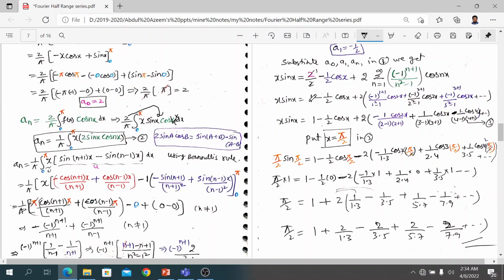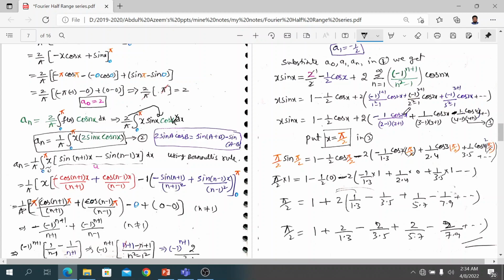So 2 by 2 cancels, 1 minus 1 by 2 cos x, these two outside as it is. Now the expansion: minus 1 power of 1 plus 1 by 1 square minus 1 cos 1x, plus minus 1 power of 2 plus 1 by 2 square minus 1 cos 2x, plus minus 1 power of 3 plus 1 by 3 square minus 1 cos 3x.